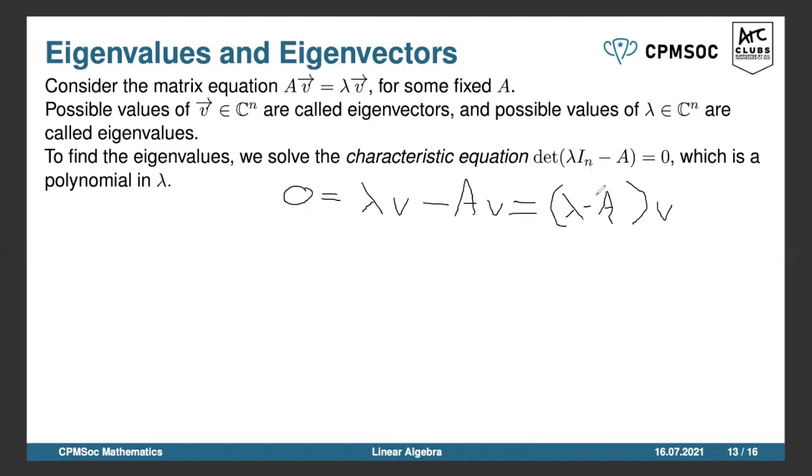And the reason we want this to be 0 is we're asking, for which values of lambda do we lose a dimension? For which values of lambda does this matrix difference squish our vector space into a lower dimension?